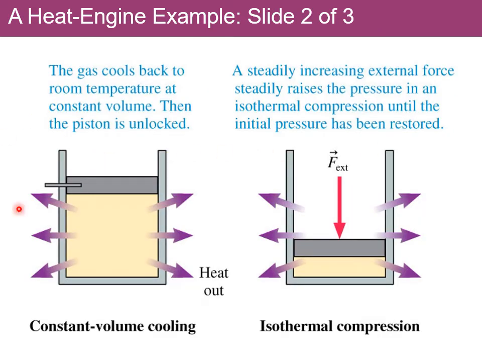The gas will cool, but the piston is locked, so this is done at constant volume. If the piston is then unlocked, we can then increase the pressure on the gas while compressing it isothermally. In so doing, we can return the gas to its initial pressure and volume.